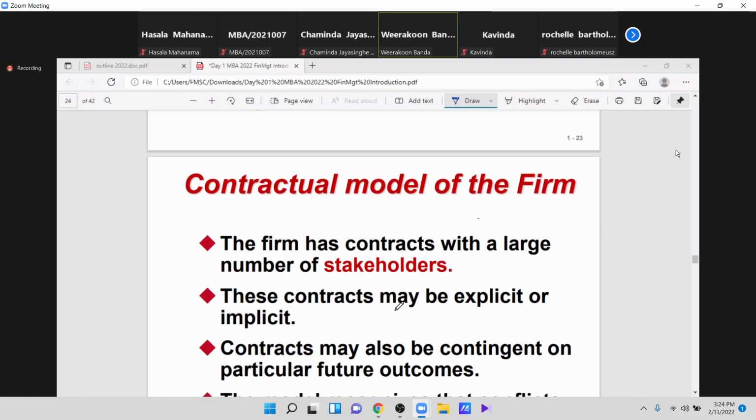So you have to optimally balance between different stakeholders. You have to get the service from the employees while giving them appropriate salaries, appropriate compensations. In the meantime, we have to give them some medical facilities. So there are risks involved. Likewise, there are different obligations in the contractual model.